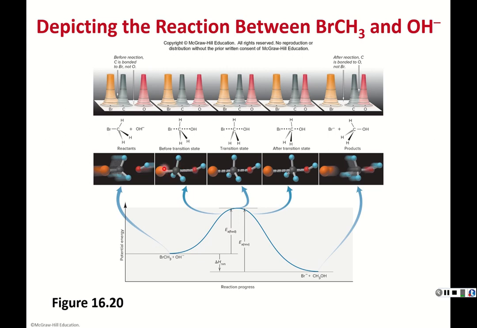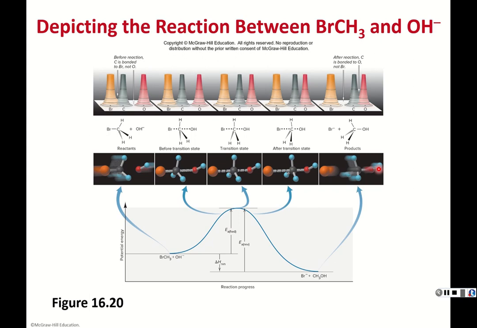This bond between the bromine and the carbon starts to decay a little bit, and this bond between the carbon and oxygen is starting to form. At the transition state, they're sort of, I guess you call it, equidistant from each other. Then the carbon starts to get closer to the oxygen as we form that product. And finally, at the very end, we have that full product and the Br minus left over.